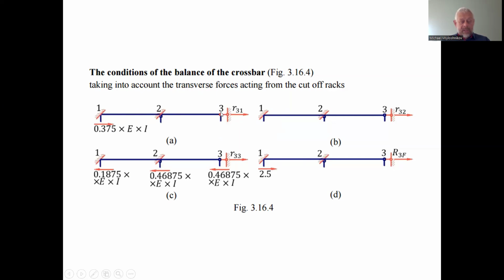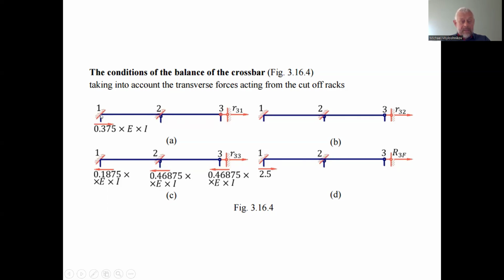So we assume that the horizontal displacement of the hinge, if we just assume the unit displacement of the hinge 3, and the extra support installed to the hinge 3, the horizontal displacement is the same as caused by the horizontal displacement of the sliding embedding 2 and the sliding embedding 1.